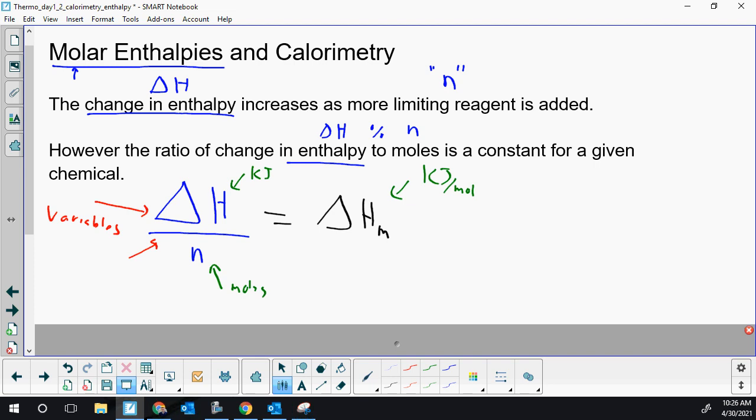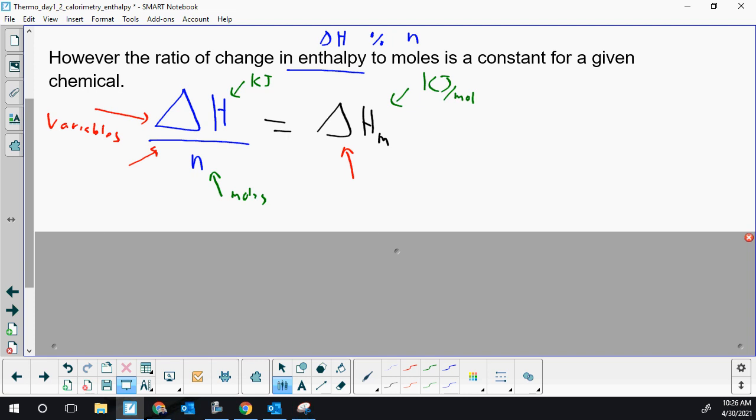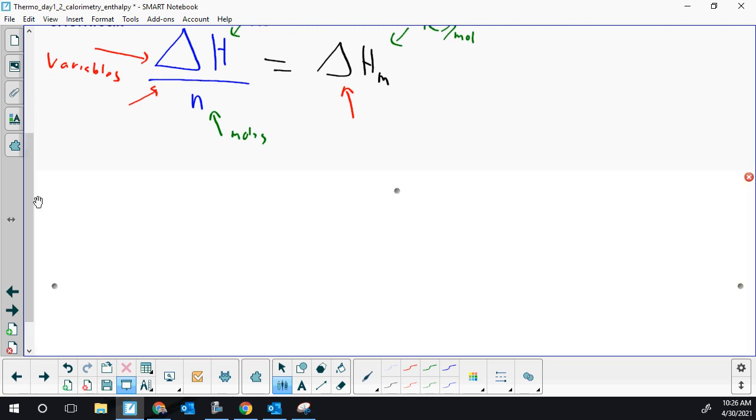And that can relate to more or less temperature change in your water or the air that's being heated. So as we work our way through, this is going to be a super important link to get through multi-step questions. That's not going to change. So we're going to calculate molar enthalpy on the next slide.